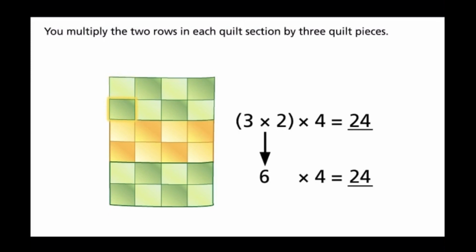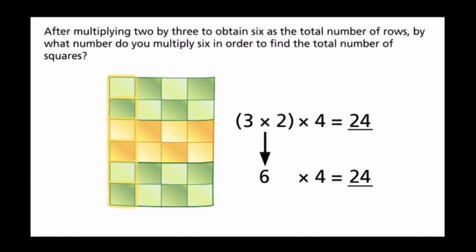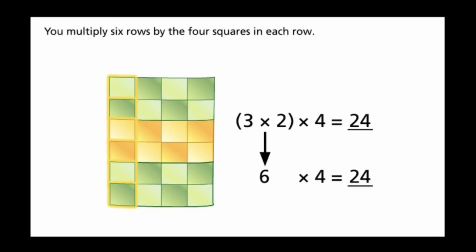You multiply the 2 rows in each quilt section by 3 quilt pieces. After multiplying 2 by 3 to obtain 6 as the total number of rows, by what number do you multiply 6 in order to find the total number of squares? You multiply 6 rows by the 4 squares in each row.